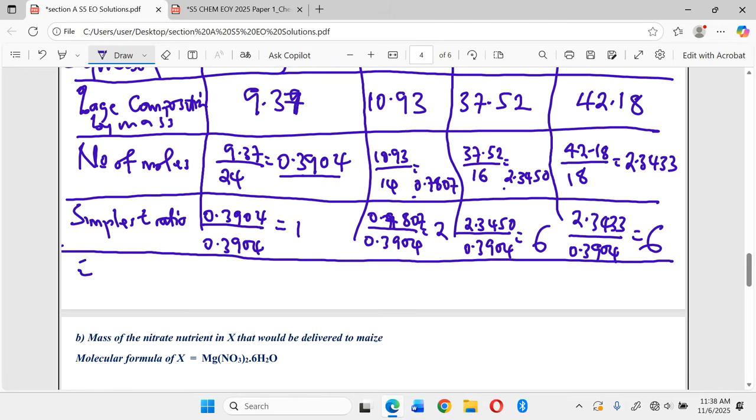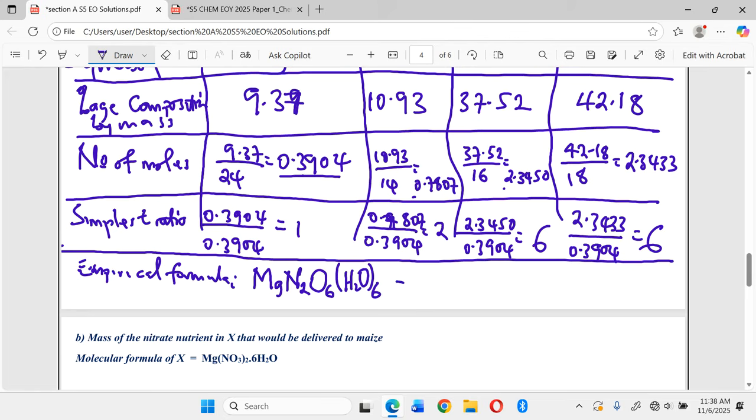So the empirical formula becomes magnesium 1, nitrogen 2, oxygen 6, water 6.